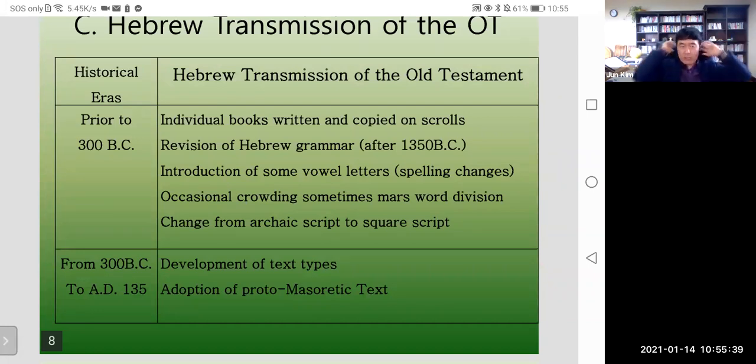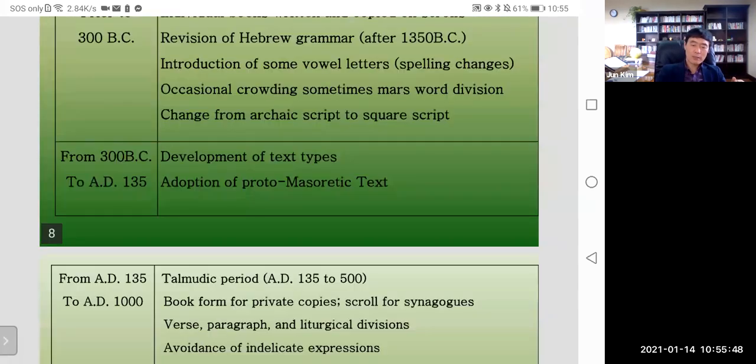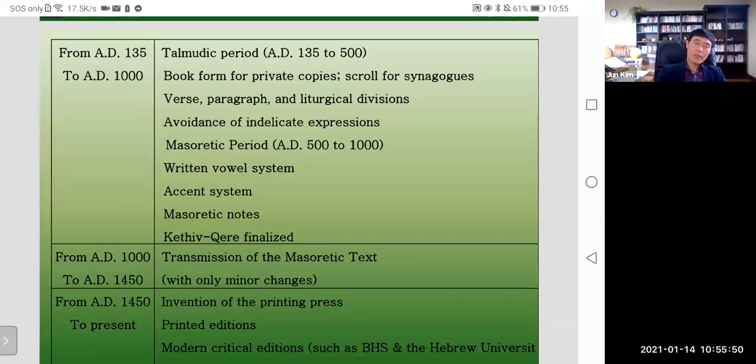From 300 BC to AD 135, development of the text types, of the Proto-Masoretic text. Okay, just to understand. And AD 135 to AD 1000, the Talmudic period: book form for private copy, scroll for synagogues. Verses, paragraph, and liturgical divisions were made between this time.